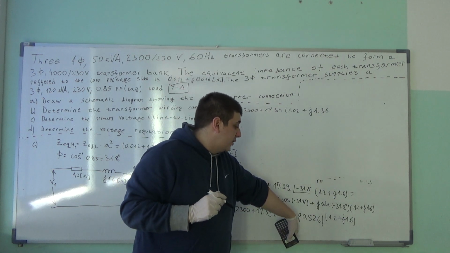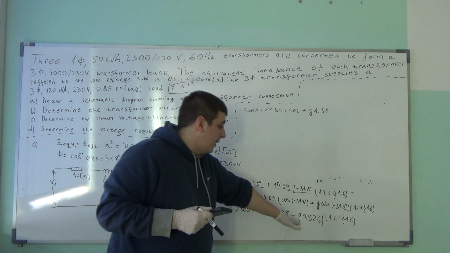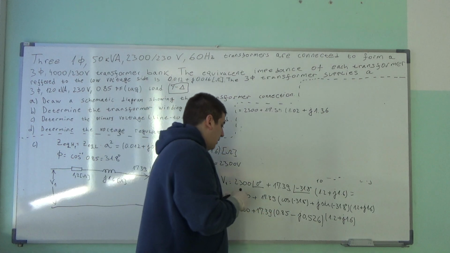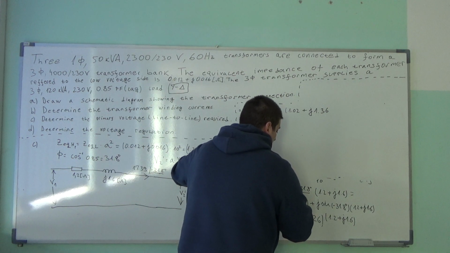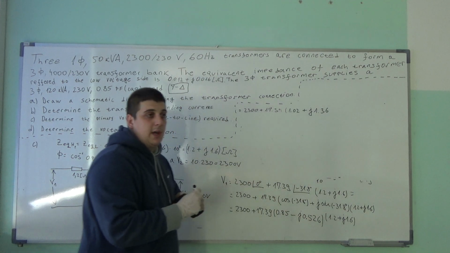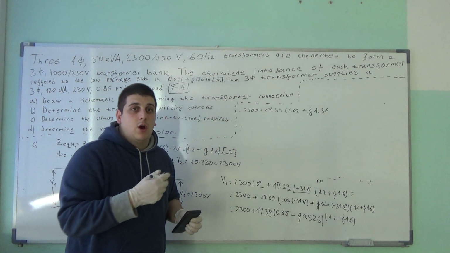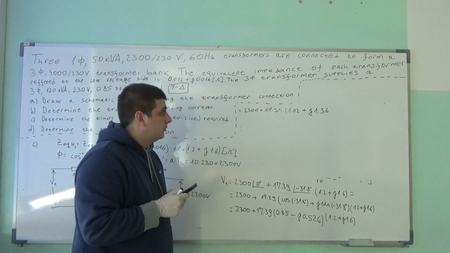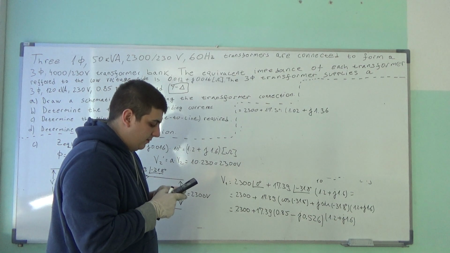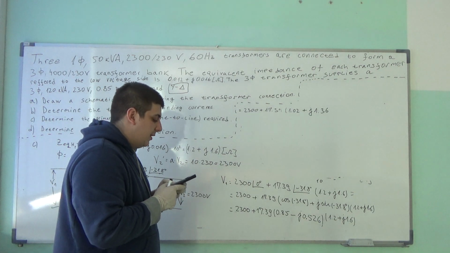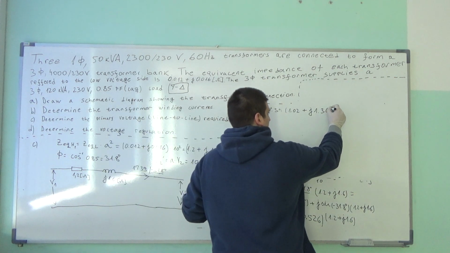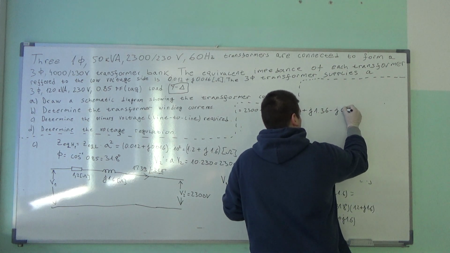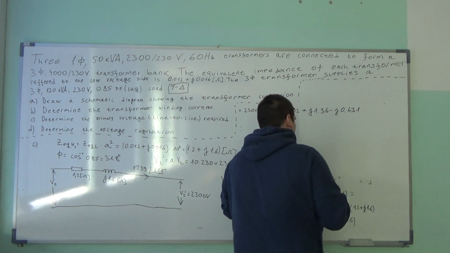Okay, now minus j times 1.2 minus j 0.526, and this is equal to minus j 0.631.